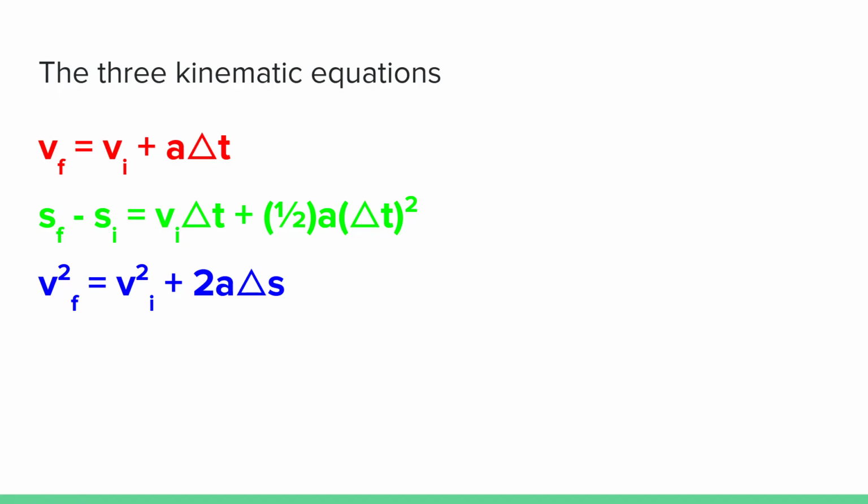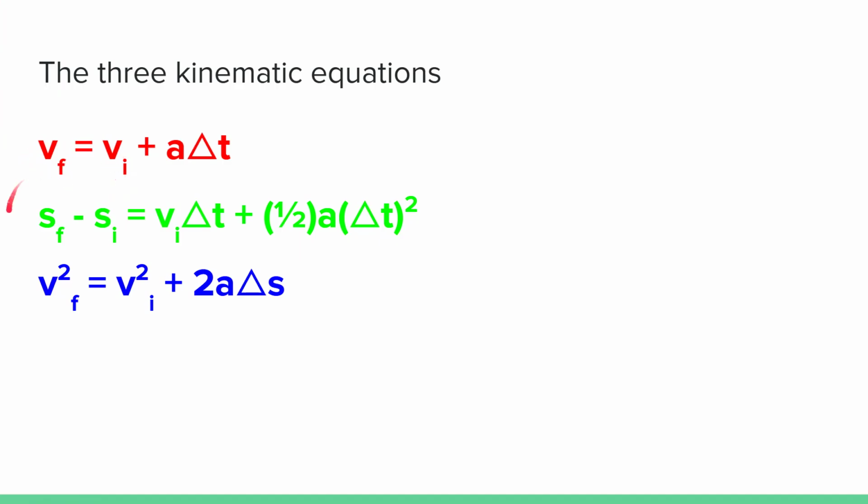The only difference is that if you happen to watch my videos on this channel from a few years ago, I might have not used these exact subscripts, I and F. Maybe I used 0 and F. But it means the same thing. The subscript of I means initial, and the subscript of F means final. So final velocity, initial velocity.